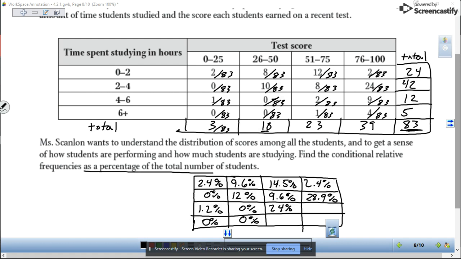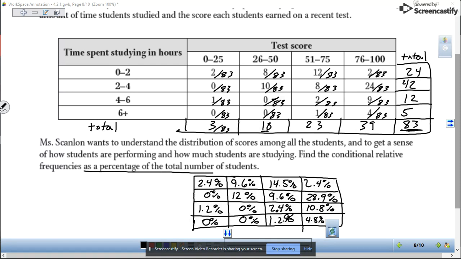The one right below that was another 1, so that would be 1.2%. And lastly, we got 9 divided by 83. I'm sure y'all get the pattern now. It's 10.8%. And the last one is 4 divided by 83, which is 4.8%. That would be your conditional relative frequency chart.